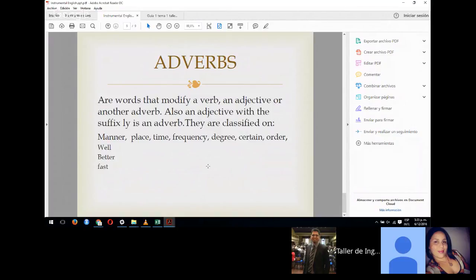They are classified by manner, which could be well, better, fast; place: here, before, over, behind; time: now, then, tomorrow, yesterday; frequency: always, never, sometimes, often; degree: too, many, more; certainty: perhaps, maybe, certainly; and order: firstly, secondly, then, after.